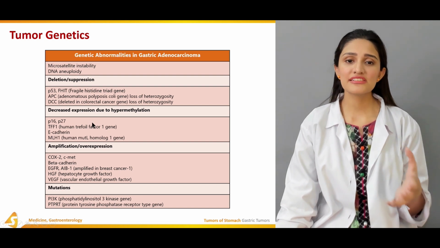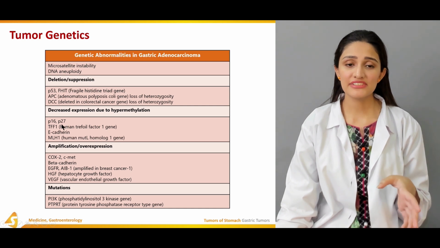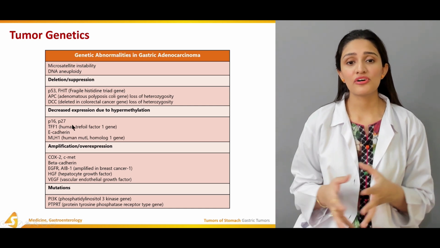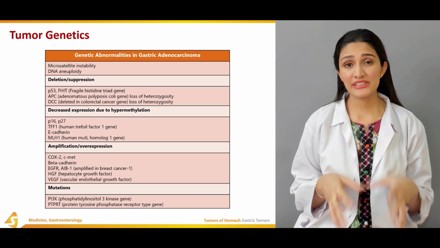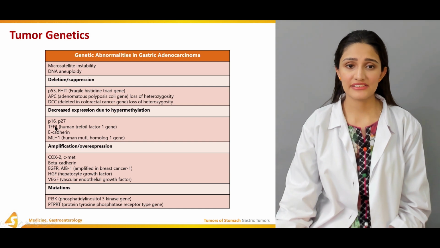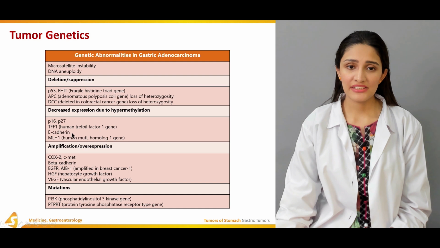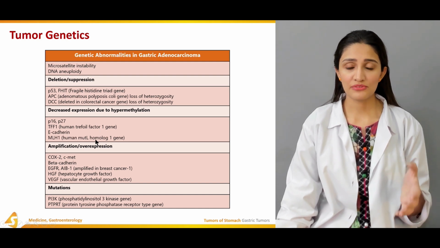And the decreased expression due to hypermethylation is P16 and P17 and P23. These are all the decreased expressions that can cause gastric cancer. Other than that, there is the TFF1, which is the human trefoil factor 1 gene, and then E-cadherin, and other than that, the human mutL homolog 1 gene.